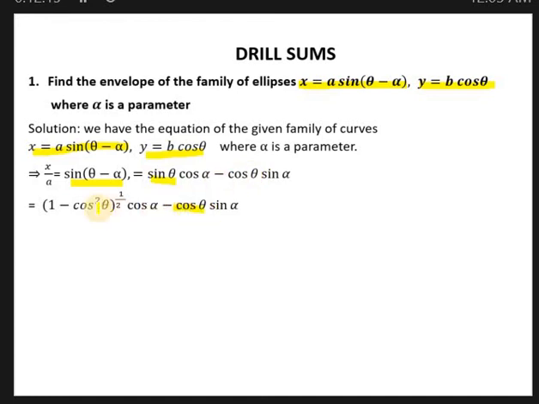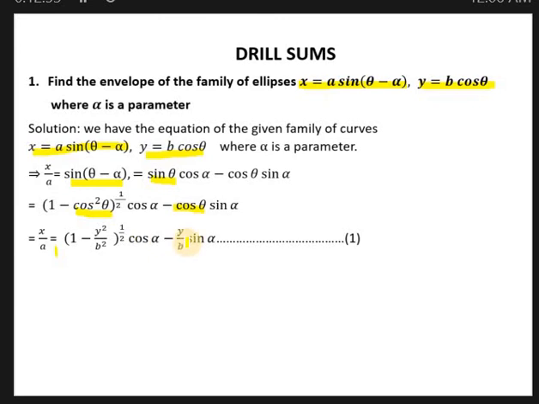Hence this equation becomes x by a, that is the LHS, is equal to 1 minus y square by b square whole to the power of half cos alpha minus y by b sin alpha. This y by b is nothing but cos theta. Now further differentiating this equation.